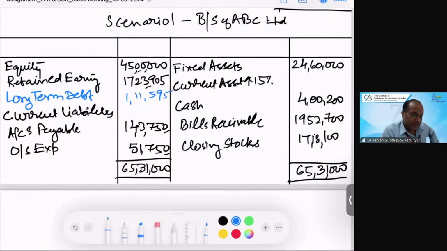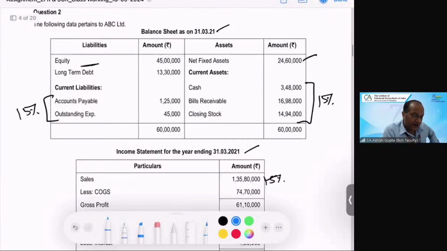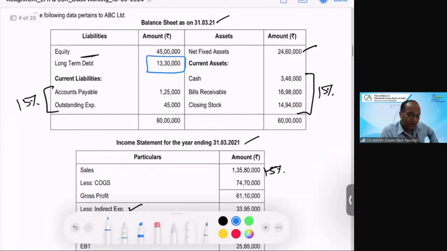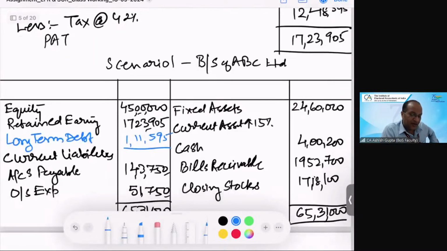Okay, now you will say, sir, here our long-term debt is 13 lakh 30,000, but in the modified balance sheet this figure is coming 1,11,595. Student, that is basically not the external funding requirement, that is rather paying back the debts.